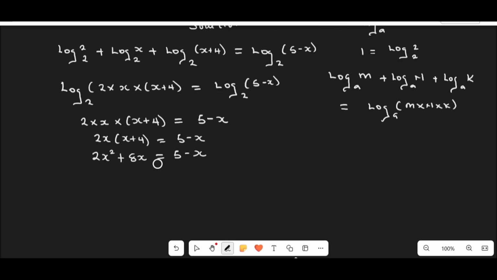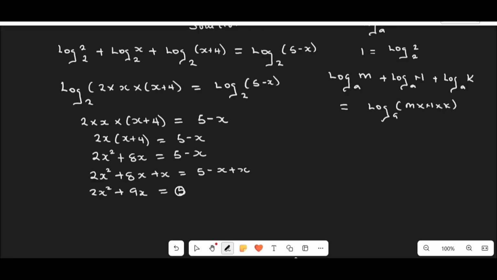So let us add x to both sides. So I will have 2x squared plus 8x plus x equals 5 minus x plus x. 8x plus x gives us 9x, equals 5 minus x plus x, which will give us 0.